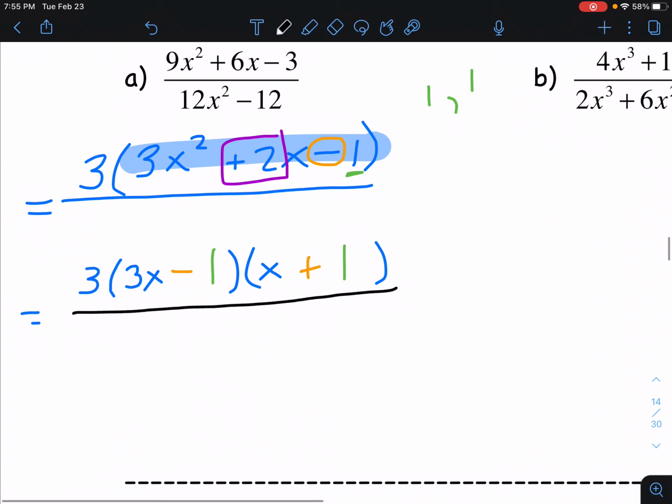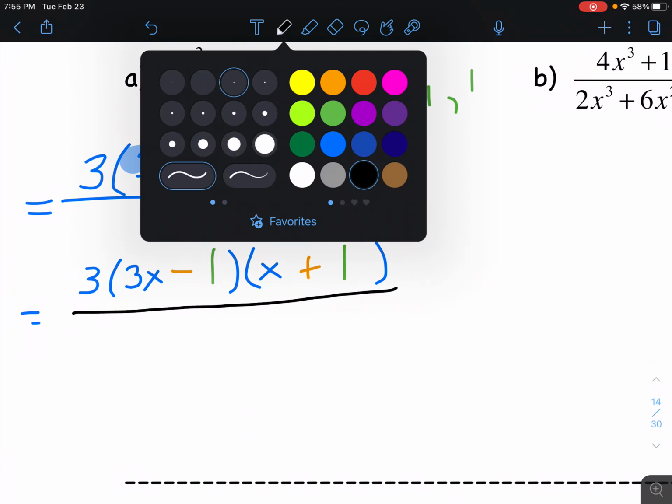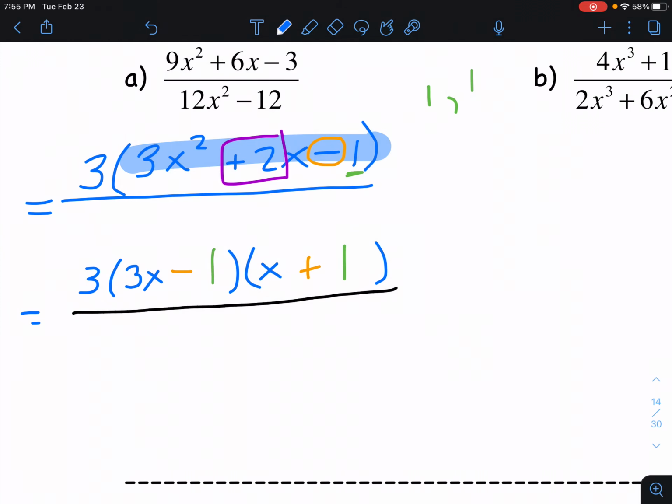Okay, so the numerator is entirely factored. Now we're going to move on to the denominator. So the denominator, do I have a GCF? Yes, I do. It's showing 12 and 12, so obviously you have a GCF of 12. Oh, let me move that up. Got ahead of myself here.